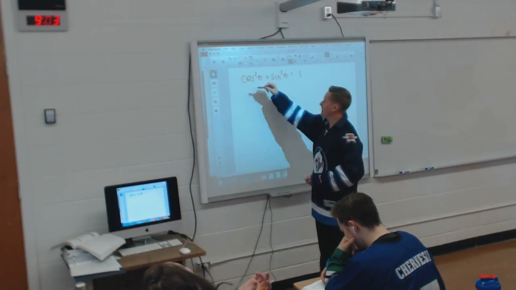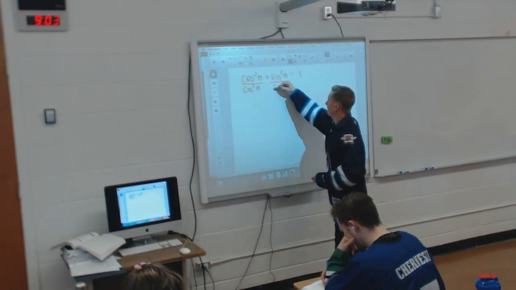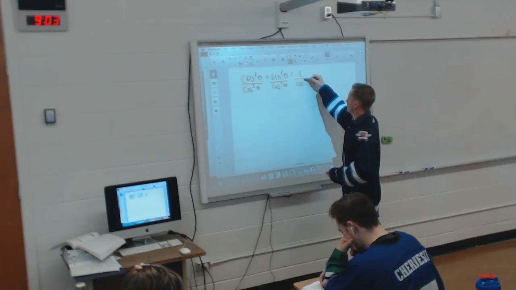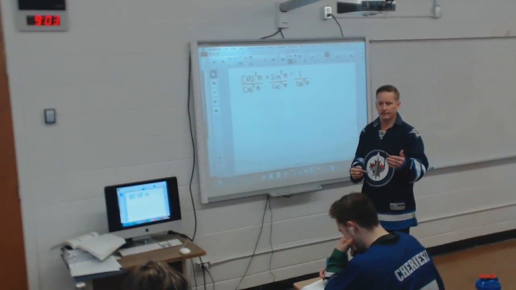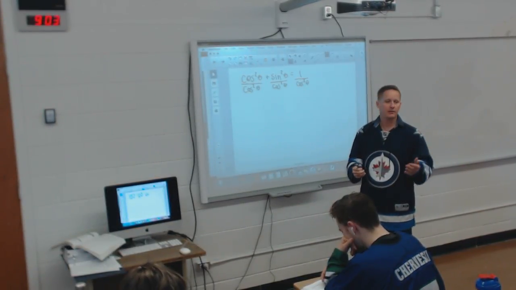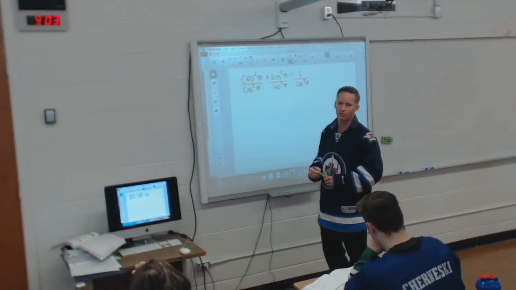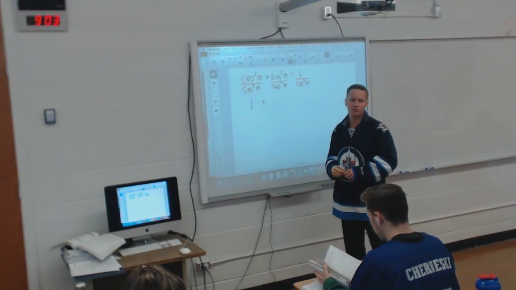Now I'm going to divide everything by cos squared theta. As long as I do it to everything, all right, I'm okay. Okay to do it as long as I do it to everything on the left side and everything on the right side. So what does this equal? Well, what's cos squared over cos squared? 1 plus. What's sine squared over cos squared?